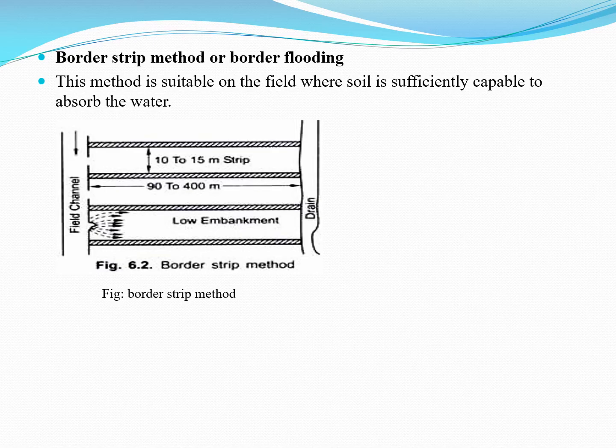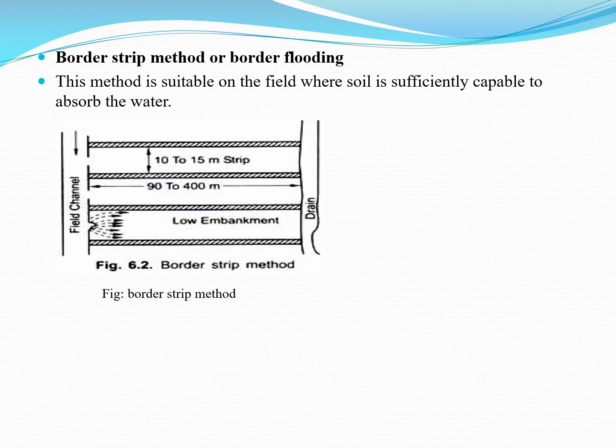In the border strip method, the overall land or field is subdivided into a number of strips, and the width of a strip varies from 10 to 15 meters. Here is the width of that strip. It may vary from 10 to 15 meters, and the length varies from 90 to 400 meters.